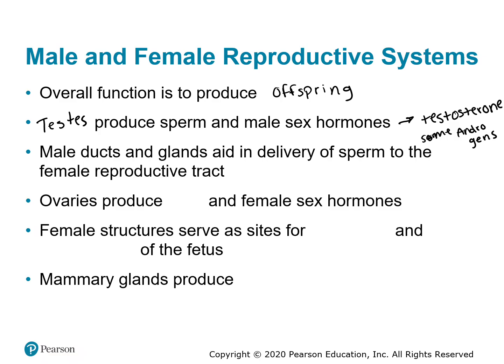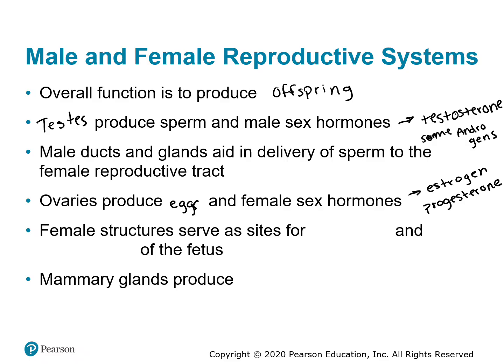The female reproductive tract includes the ovaries, the uterus, the vagina, all of that stuff. And the ovaries produce eggs and those female sex hormones, estrogen, progesterone. And the female body also does produce some androgens.